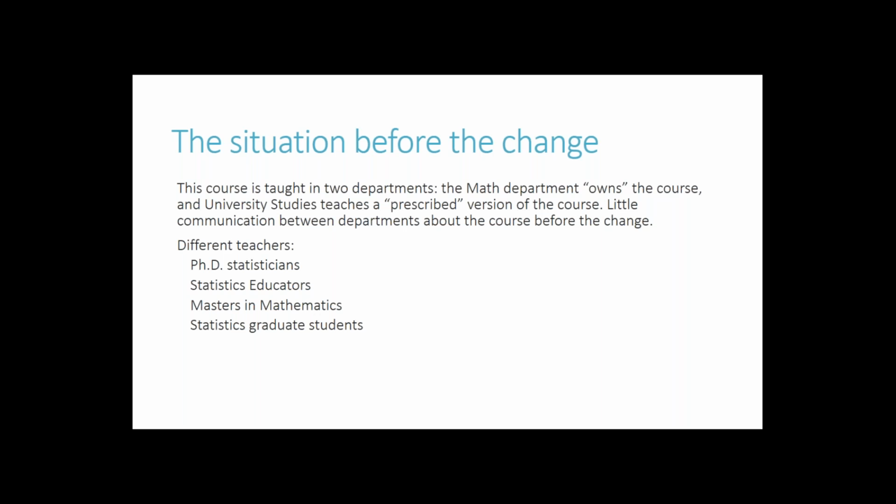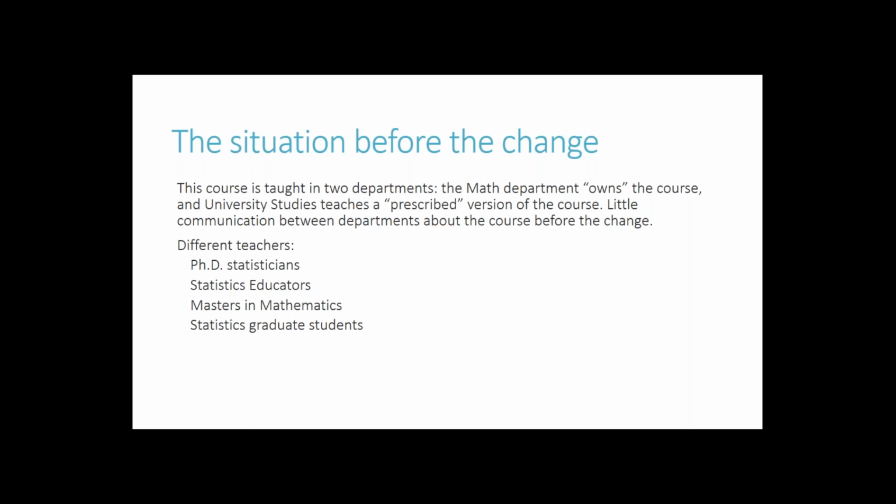Any student with an ACT below 19 must take the prescribed version of the course. Those students meet a little bit more frequently, and they get a little bit more attention from their teachers, but otherwise they learn the same material and take the same common final at the end of the semester.